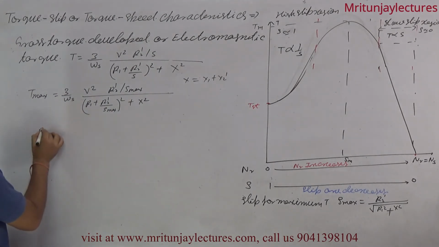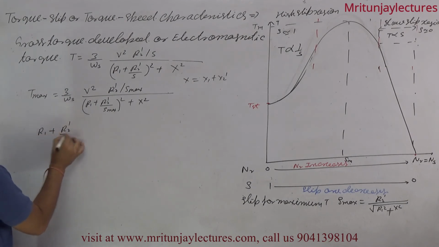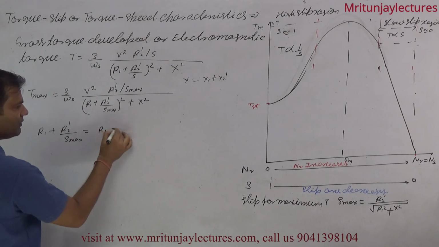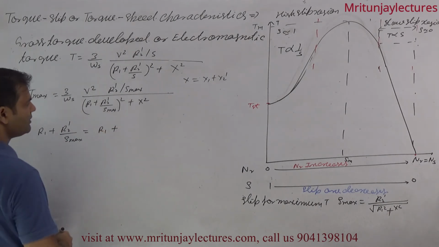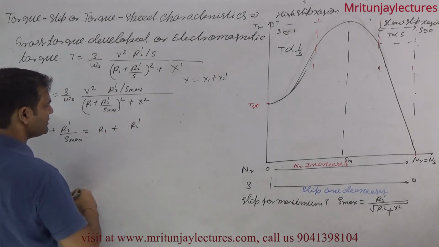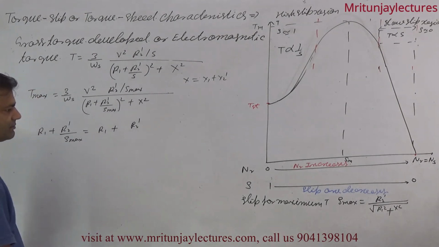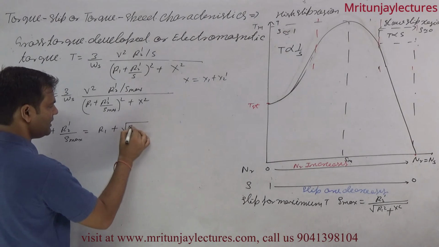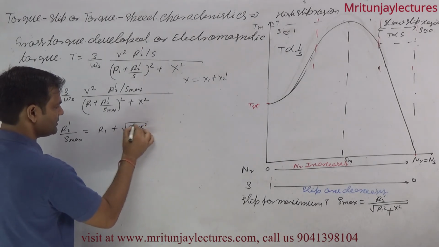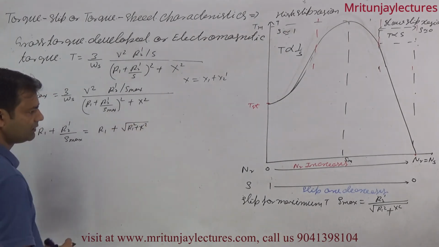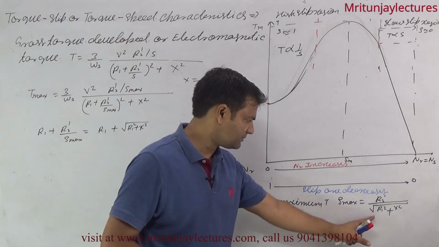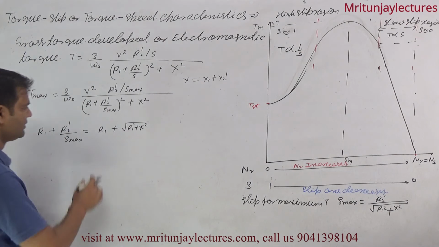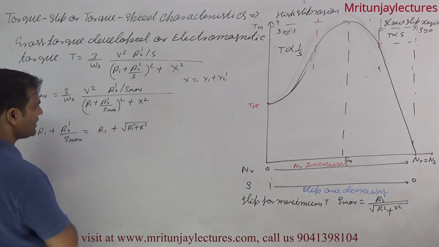Now (r1 + r2'/s max) is written as r1 plus r2' divided by sm, which is r1 + x². Clear? r2'/s max will be equal to r1 under root r1² + x², so written as. Clear?